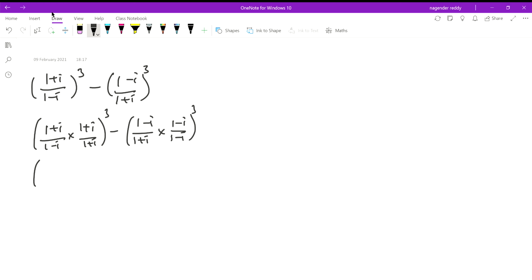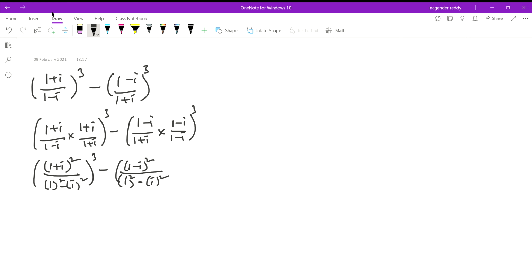In the denominator, a minus b into a plus b gives a square minus b square, so 1 square minus i whole square, whole cube, minus 1 minus i whole square over 1 square, and minus how much?